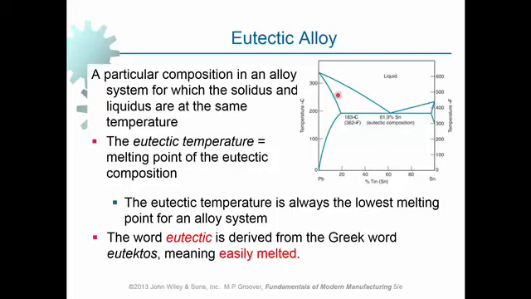In these triangular regions, we have two phases present at the same time. It's solid and liquid. But anywhere above this line, that is the liquidus line, we have only a single phase, and that is liquid. So only at this certain point, we can have only a single phase, and that is liquid, and that is at the lowest temperature possible to have a single liquid phase.